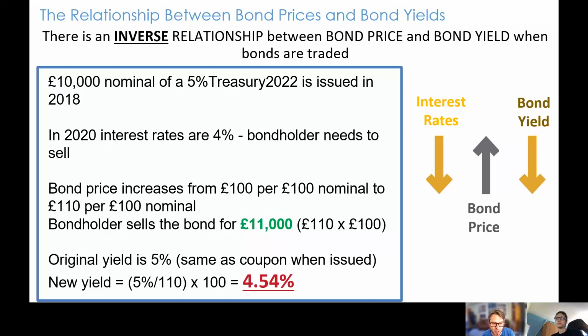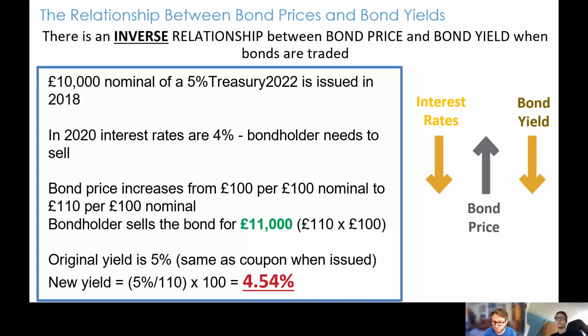So in 2020, I want to get into that bond. Interest rates have gone down to 4%, 1% lower than the coupon rate on the bond, and as we know, that means the bond price will go up. So in the same example as previously, the bond is now sold for £110 per £100 nominal, and someone buys that bond for £11,000, £1,000 more than the nominal value.